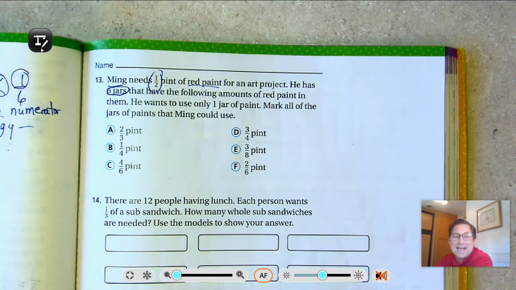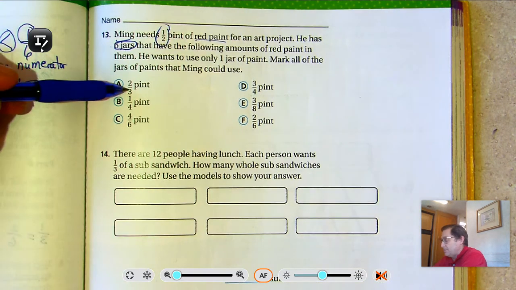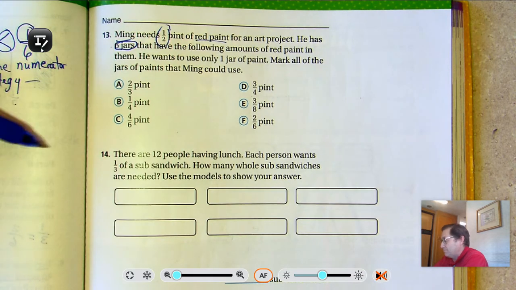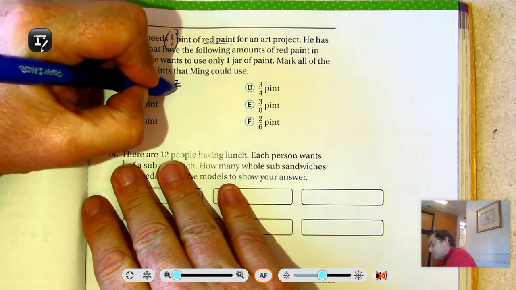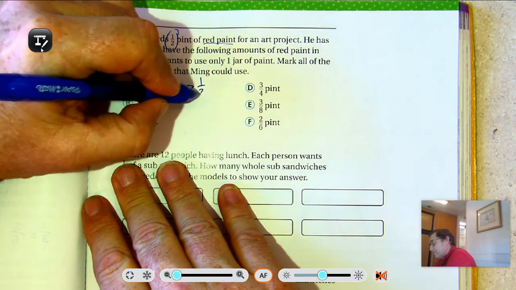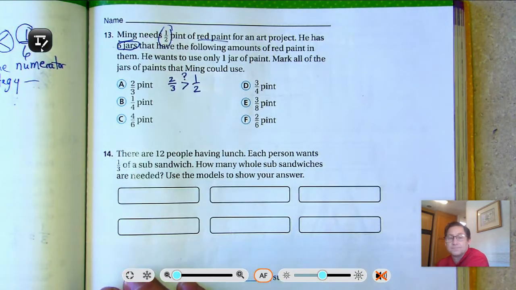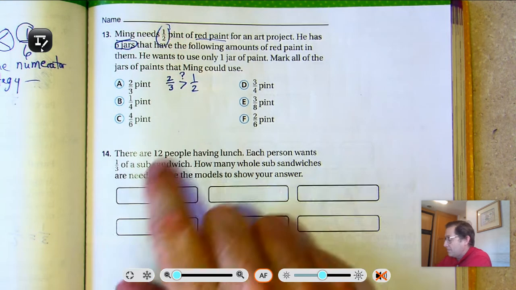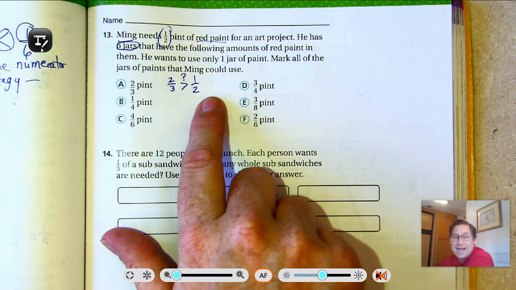So he needs a half a pint of red paint. There's 2/3 in one of the jars. Is 2/3 greater than 1/2? It is. The missing piece in 2/3 is 1/3, and a 1/3 missing piece is smaller than a half.